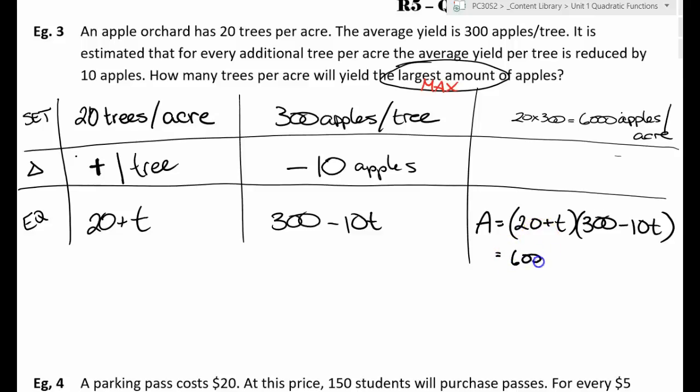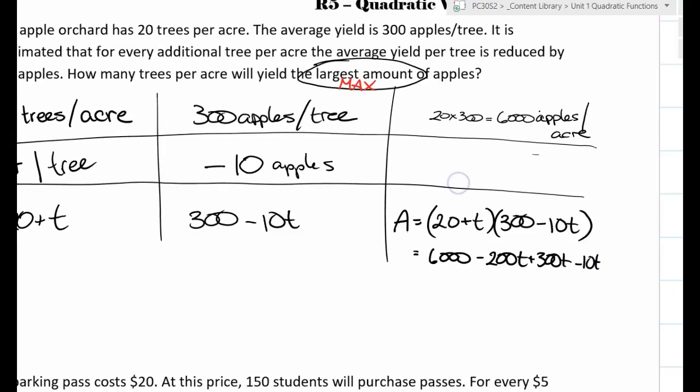So I've got 6,000 minus 200t plus 300t minus 10t squared. I'm going to rearrange that and collect like terms: minus 10t squared plus 100t plus 6,000. And I'm going to complete the square from here.